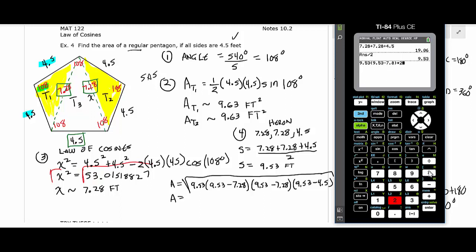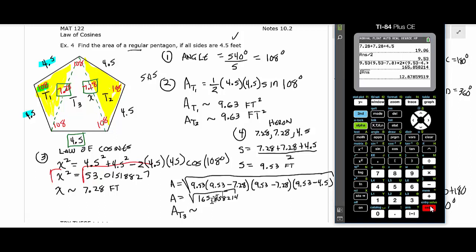And then I go times, and I have to do parentheses, 9.53 minus 4.5. That'll give this, and then we'll be ready to do the square root of that. So we're going to do the square root of 165.858214, and that will give the area of triangle 3. So I'm going to use my ANS key.